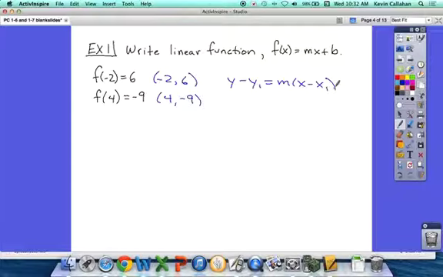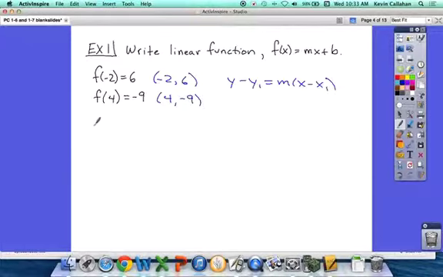That's called the point slope. In order to use the point slope formula, you need 1 point and the slope. That's why it's called point slope. If you don't have the slope, but you have 2 points, what else could you do? Calculate the slope. If you're given 2 points, then find the slope first.